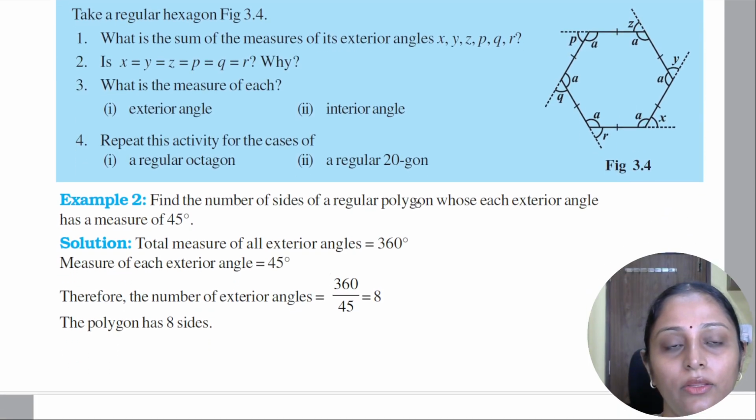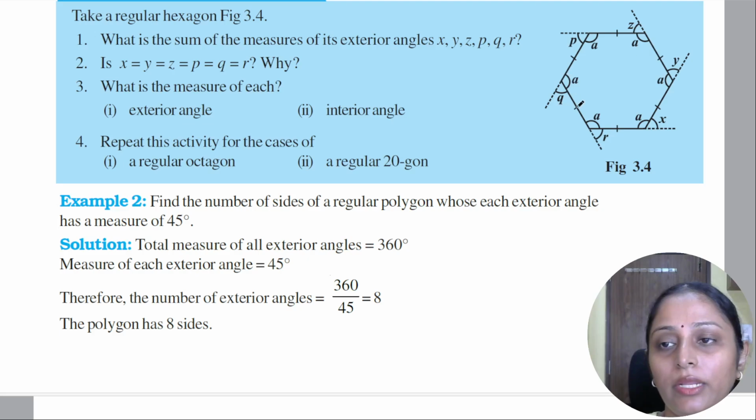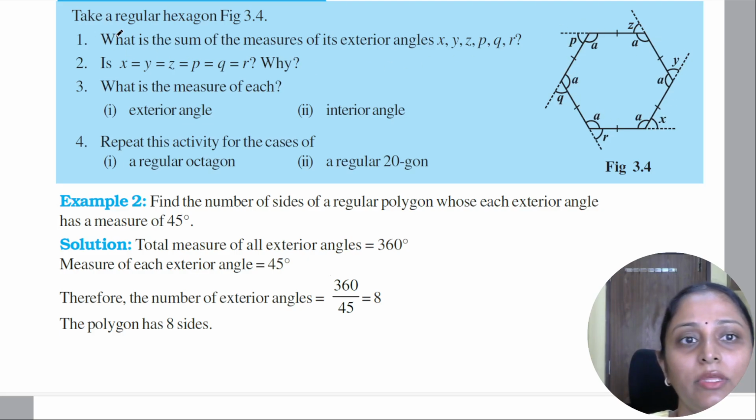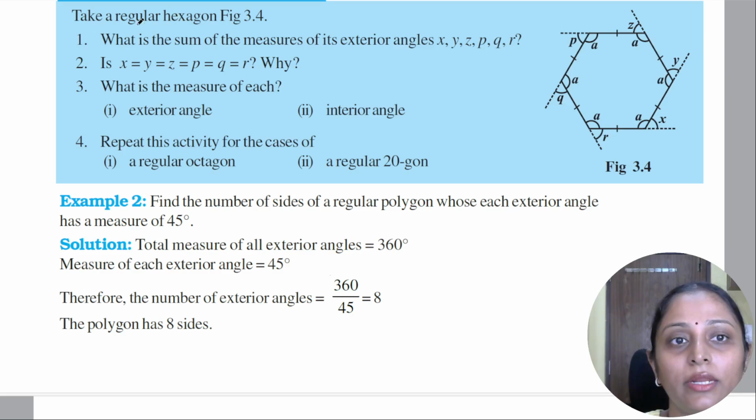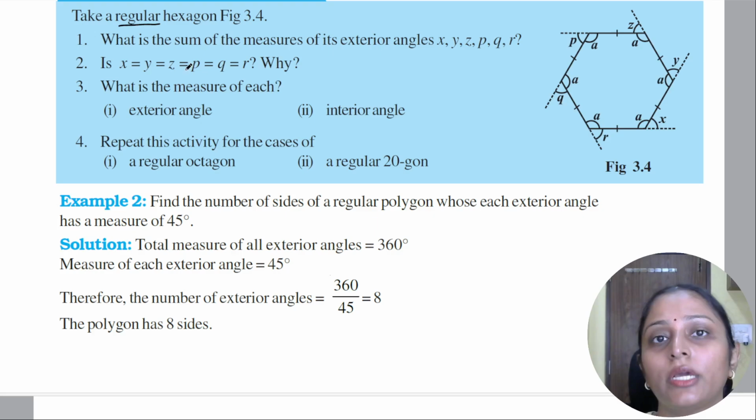And then you have, if you were to take a regular hexagon, now they are mentioning that it is a regular hexagon. That means that this hexagon, which is a polygon of 6 sides, has all the interior angles equiangular, that is all the interior angles are same. Here he has taken it as measure A, and all the sides are equal.